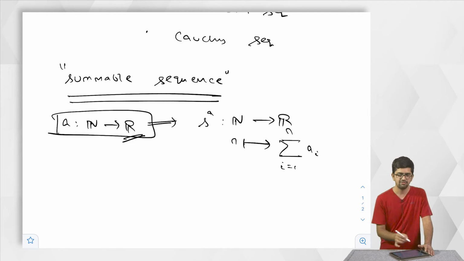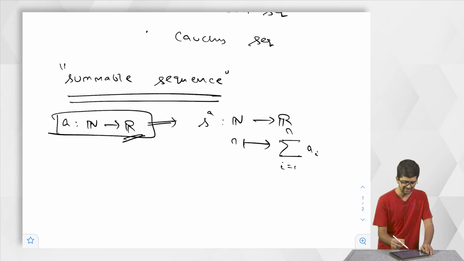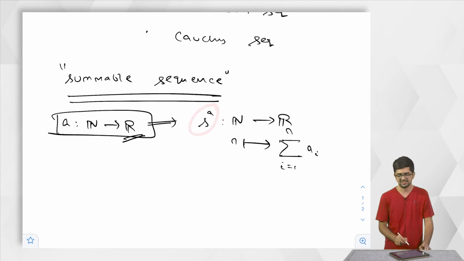I am taking the first n elements of the sequence A and adding them. That is what I am denoting as SA. This sequence SA is defined in this way. For each n, the real number that we are defining is this.